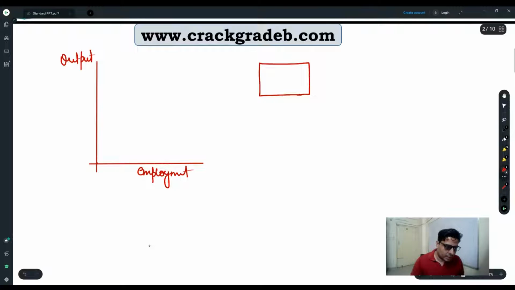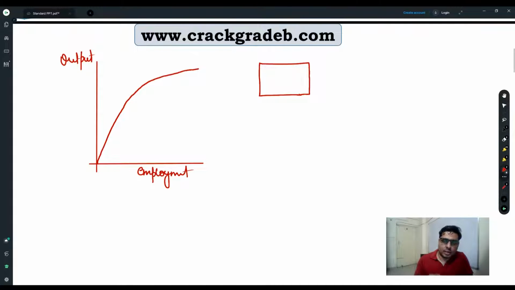So initially it will increase like this, but gradually total output will be like this. Initially it will grow with the increasing rate. Why? Because you are increasing the number of employees.